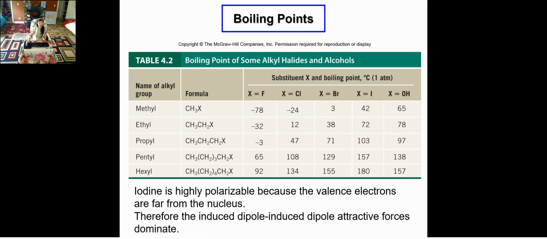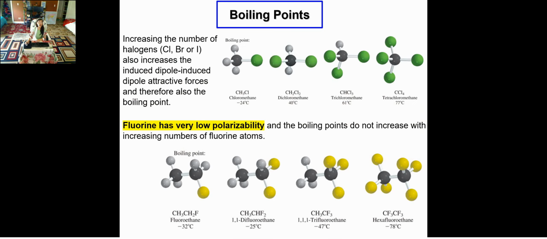Why is iodine highly polarizable? Because the valence electrons of iodine are far away from the nucleus, meaning the net attraction of the nucleus to the valence electrons is weaker. Valence electrons can move around more freely, resulting in the high polarizability of iodine.